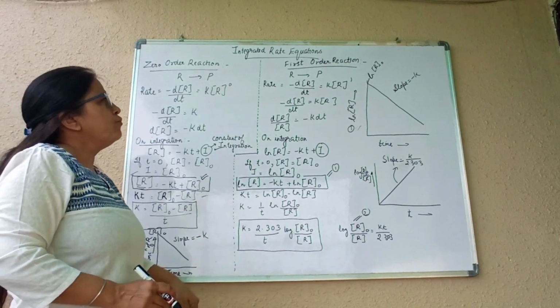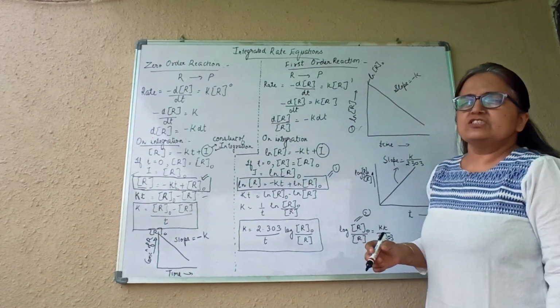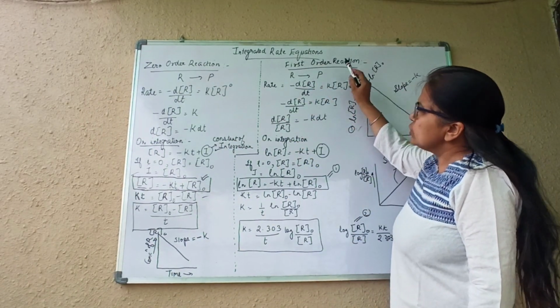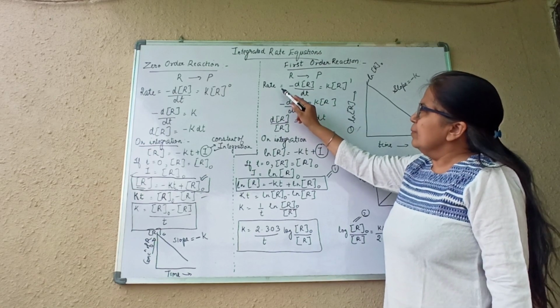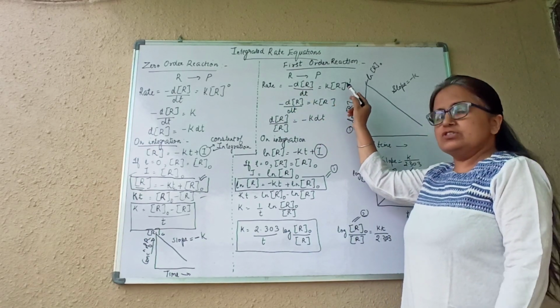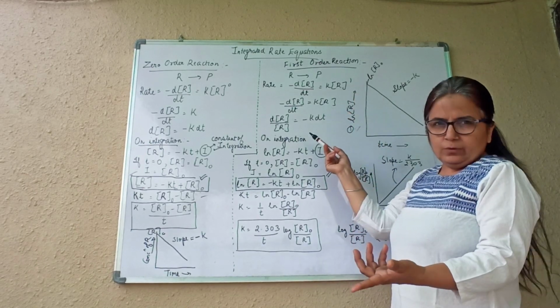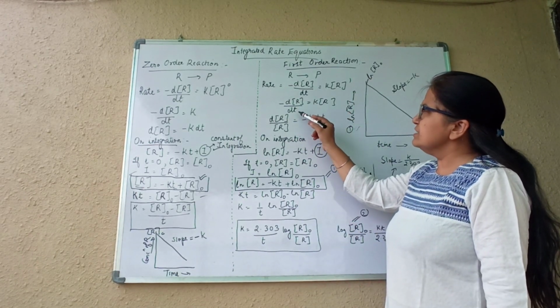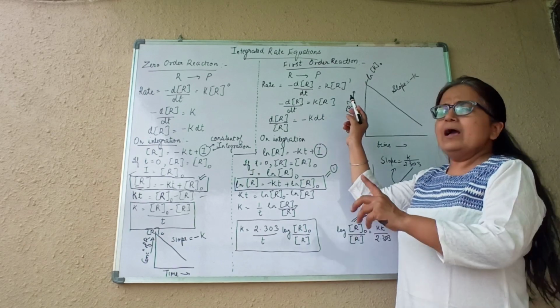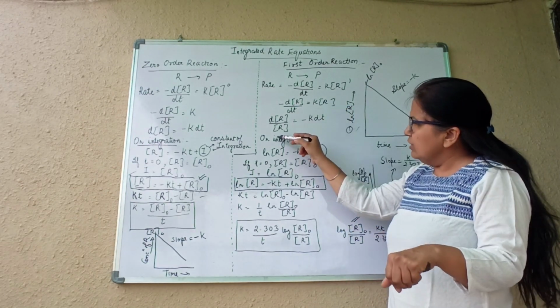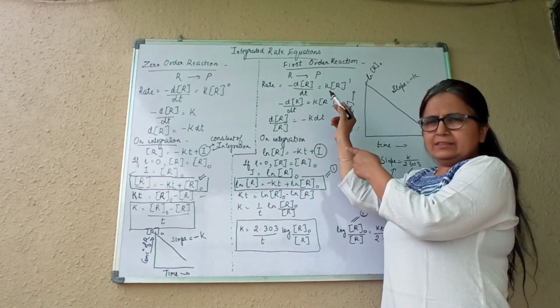In parallel, if I go for the first order reaction, what will I get? For the first order reaction, you can compare. Minus d[R]/dt is k, concentration of R to the power 1. Now R to the power 1 means R concentration. So minus d[R]/dt is equal to k[R]. I brought [R] down, that dt I have taken to the other side.